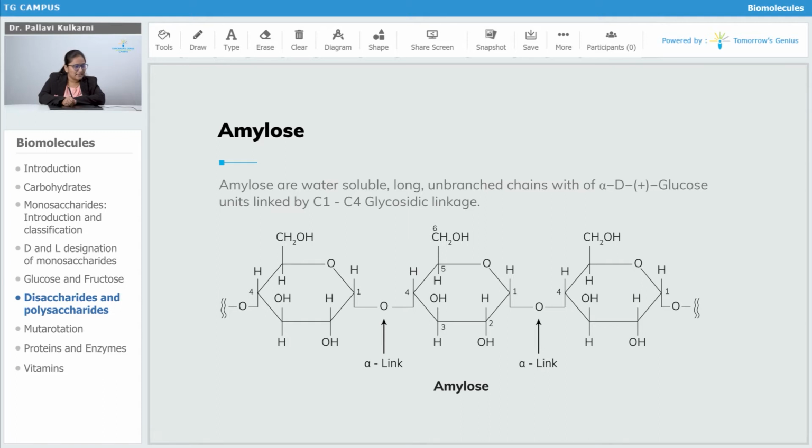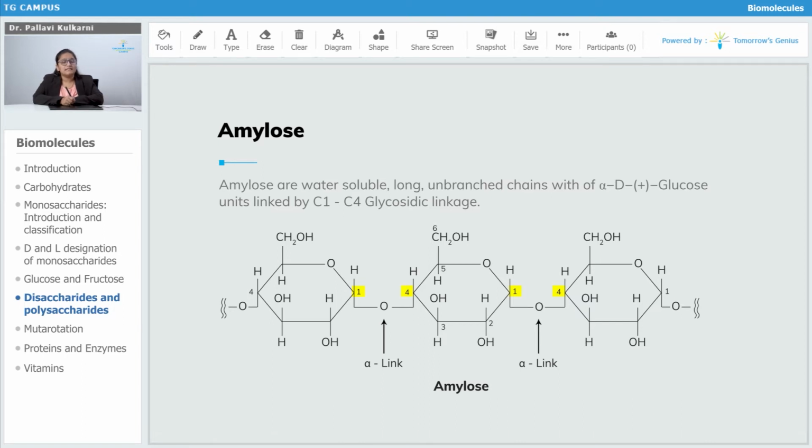You can see the carbon number 1 of the first, that is the anomeric carbon, and the carbon number 4 of the second. It is linked via the glycosidic linkage, right? Therefore, it is called C1-C4 glycosidic linkage. The same is for the second as well as the third glucose unit, right? Okay, that's all about the structure of amylose.